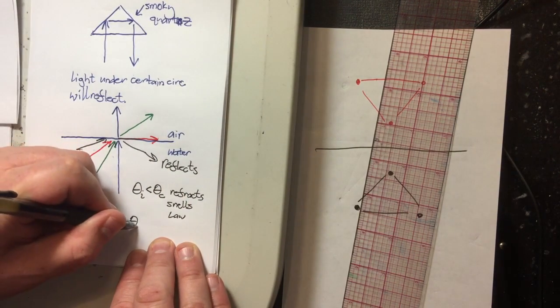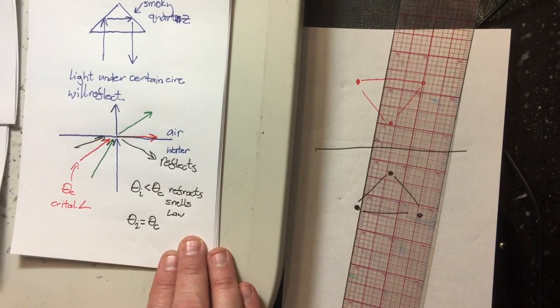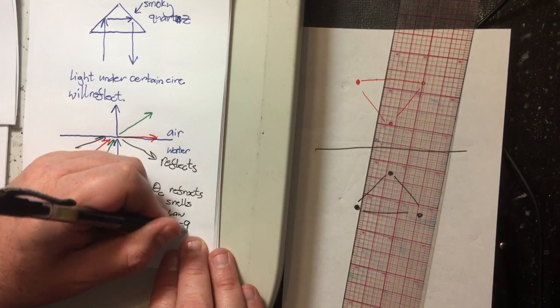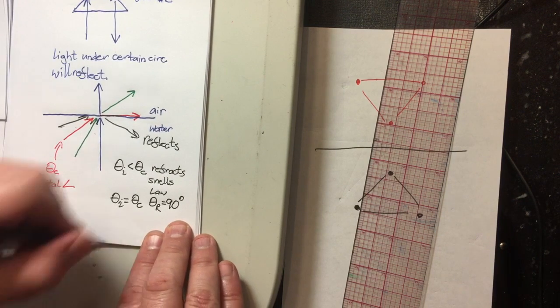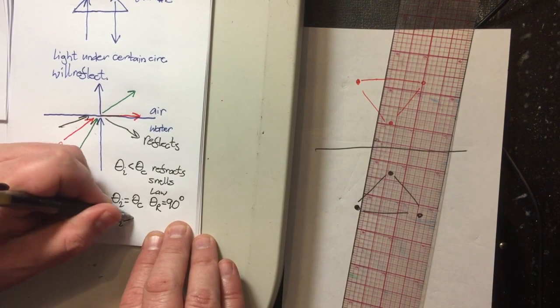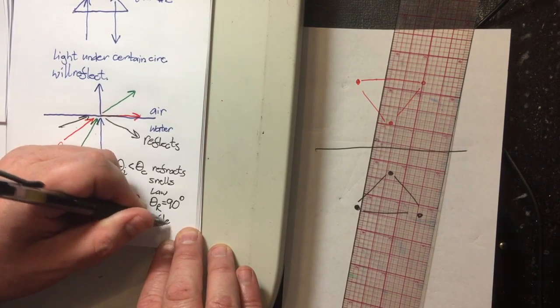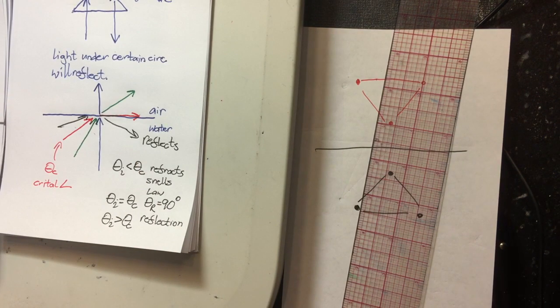If the incident angle is equal to the critical angle, the angle of refraction is equal to 90 degrees. And if the incident angle is greater than the critical angle, you have reflection, and the incident angle is the same as the reflected angle. So you need to understand that light has a particular behavior when it's reflecting off certain mediums.